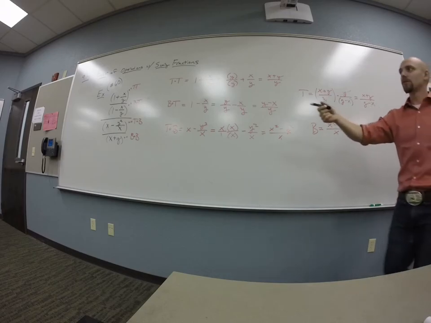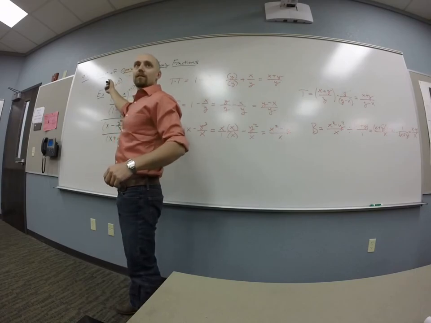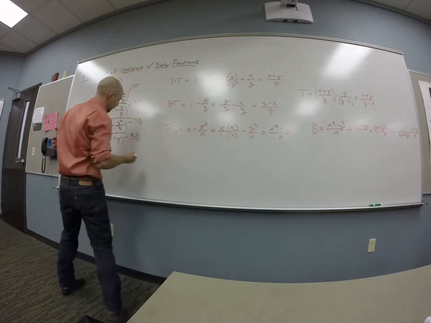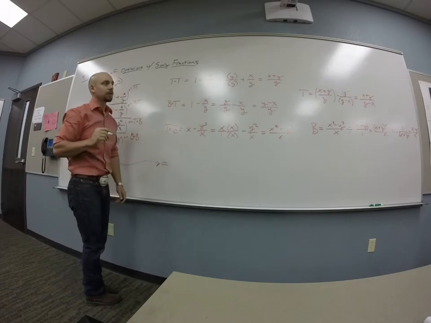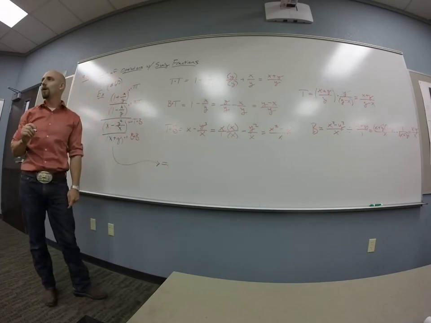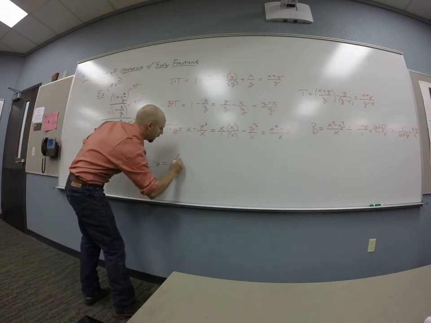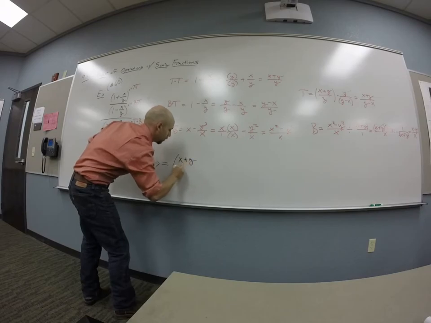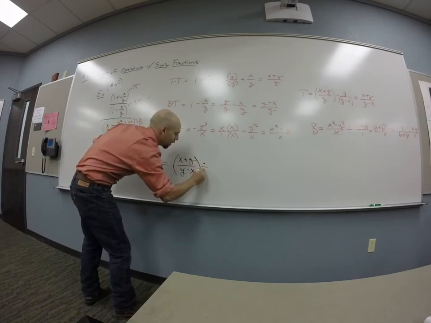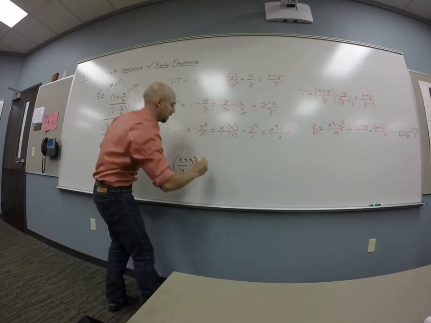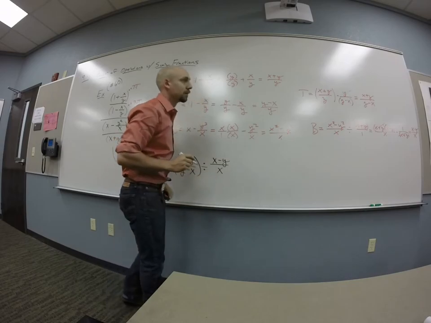So this whole thing, my original fraction, equals the top divided by the bottom, so that's x plus y over y minus x divided by x minus y over x.